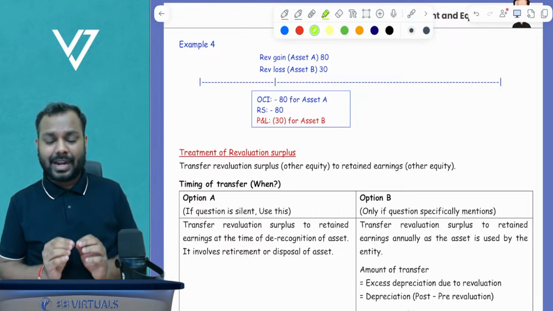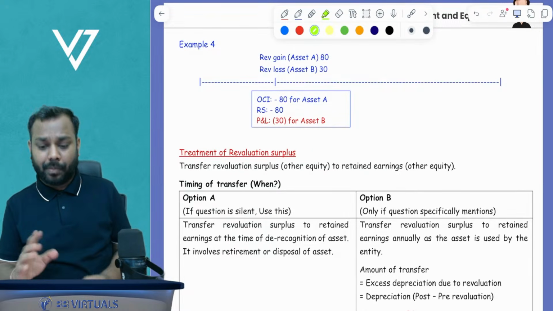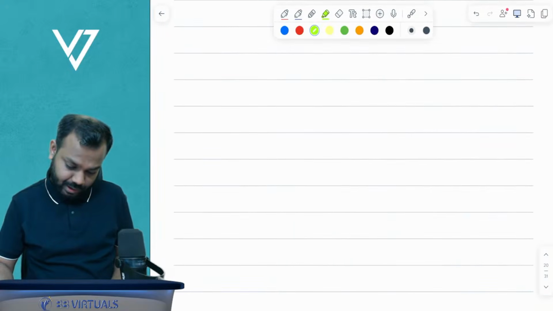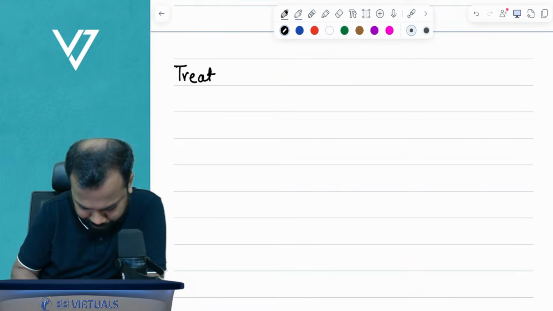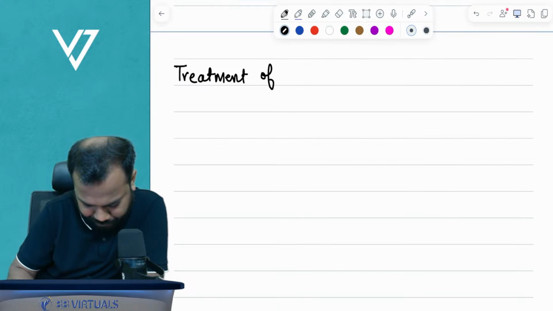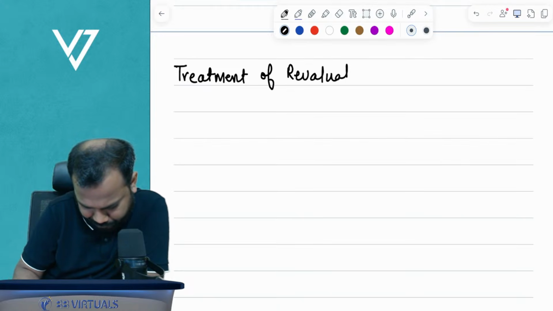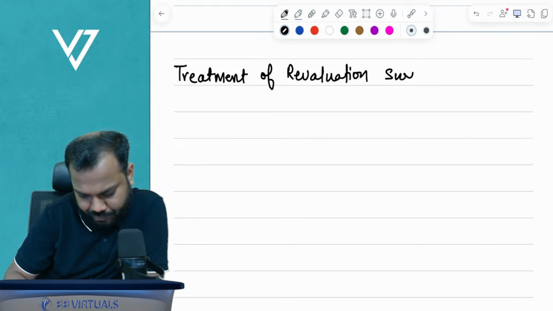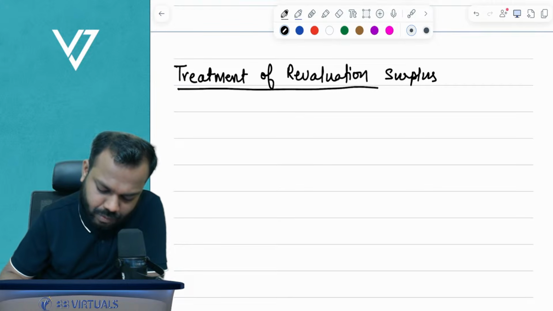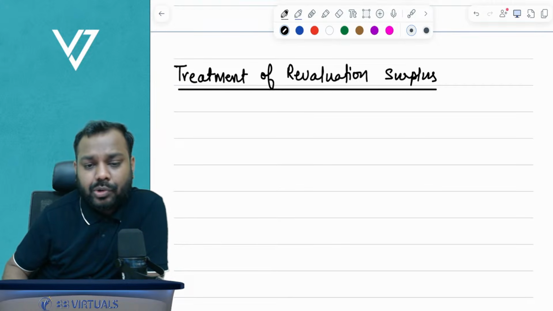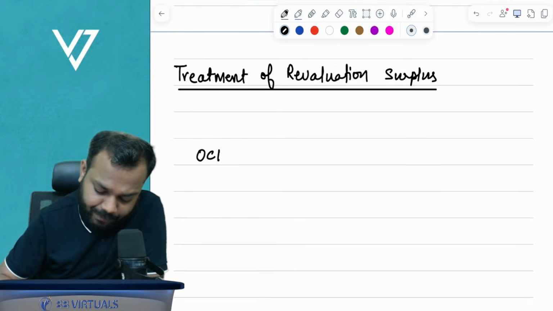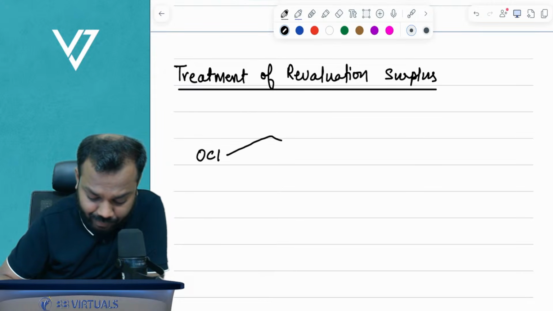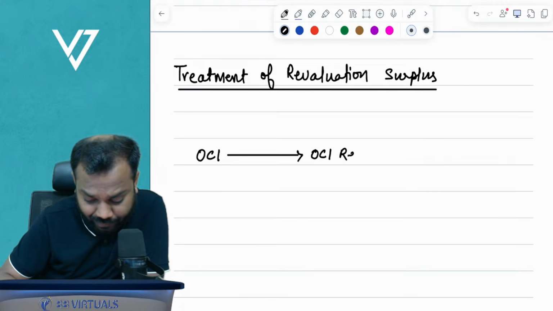Whatever items go to other comprehensive income, from other comprehensive income, it will be accumulated in an OCI reserve.